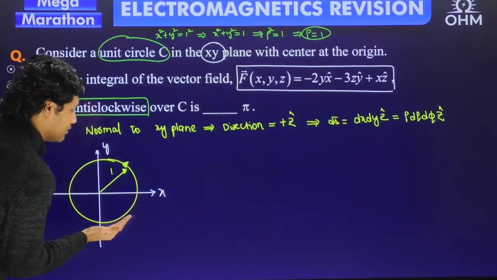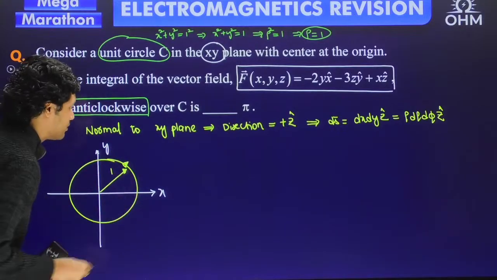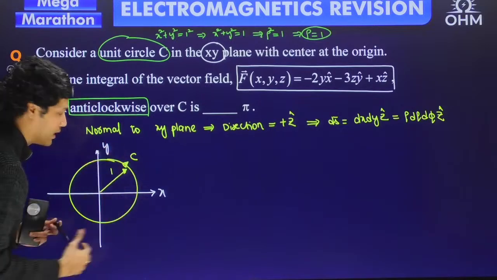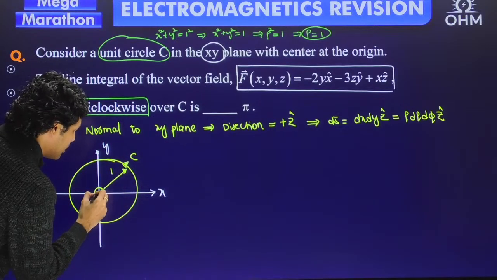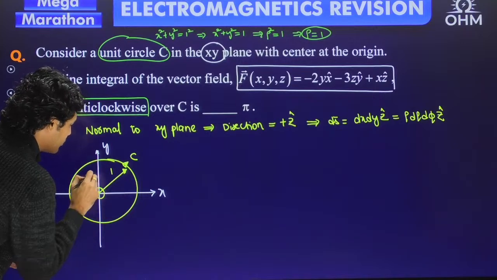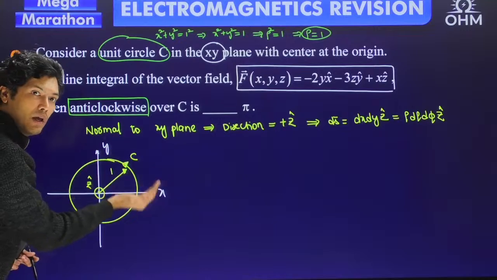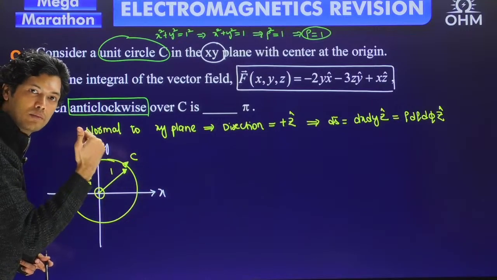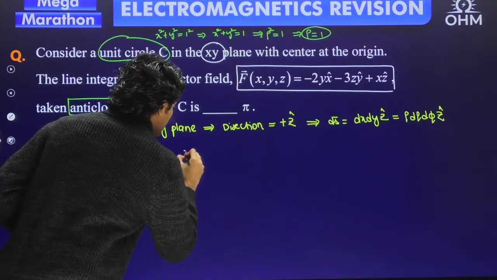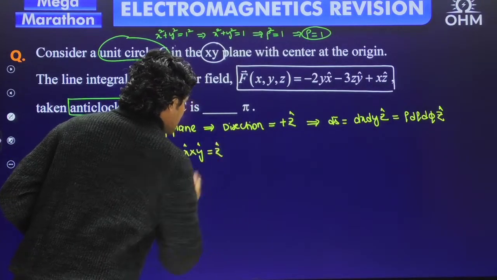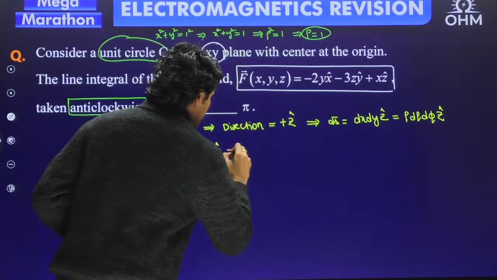Curl your fingers in the direction of the path C. The direction you get is the coming out direction, which is also the z cap direction. When you curl your fingers from x to y, x cross y is the z direction.